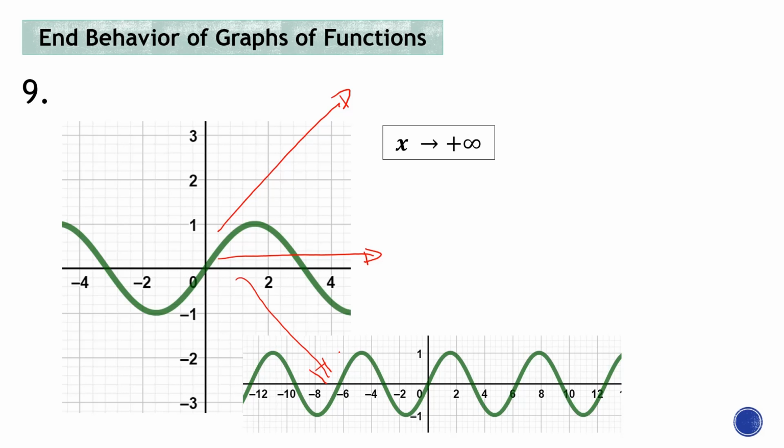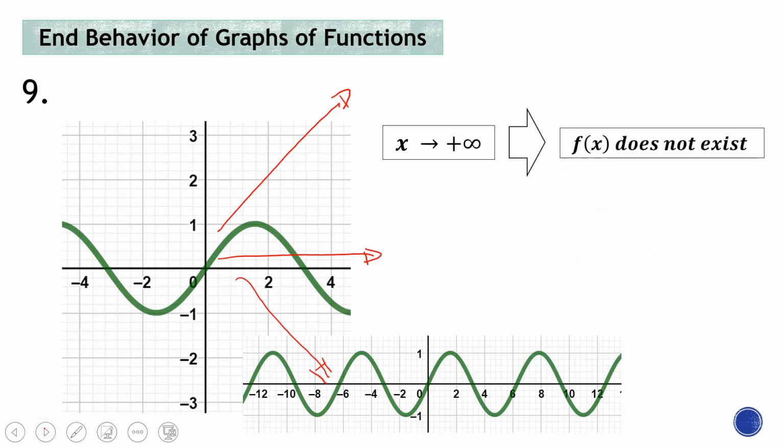So it's going towards positive, and then it goes down. Now, the one that you can see here at the bottom, that's the bigger picture or the bird's eye view of the graph that I have here. So it's going up, down, up, down. So if you see that kind of graph, that means the end behavior does not exist. The f of x does not exist.